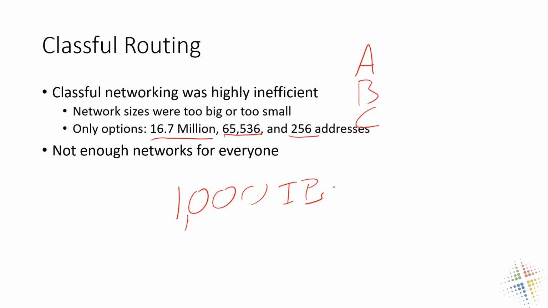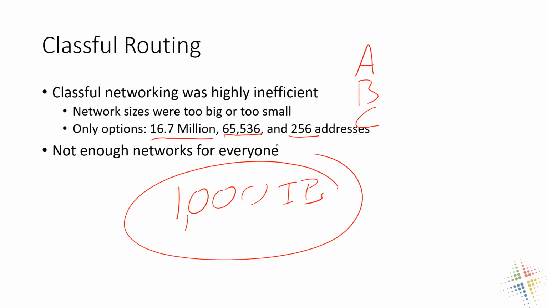Ultimately, 1,000 just didn't fit into any one of those. Pretty much my only option in that case is to get 4 Class Cs, which, again, is still not very efficient. There's got to be a better way to handle this.